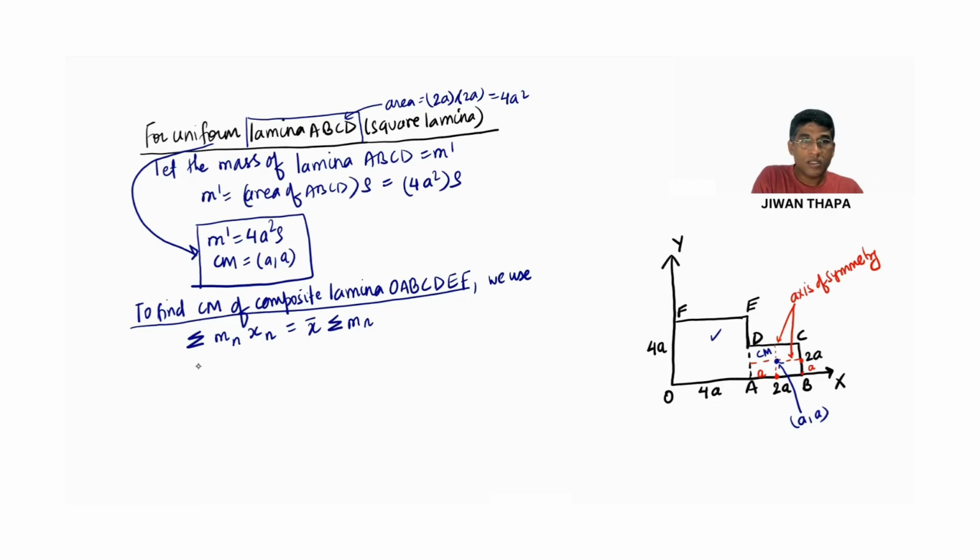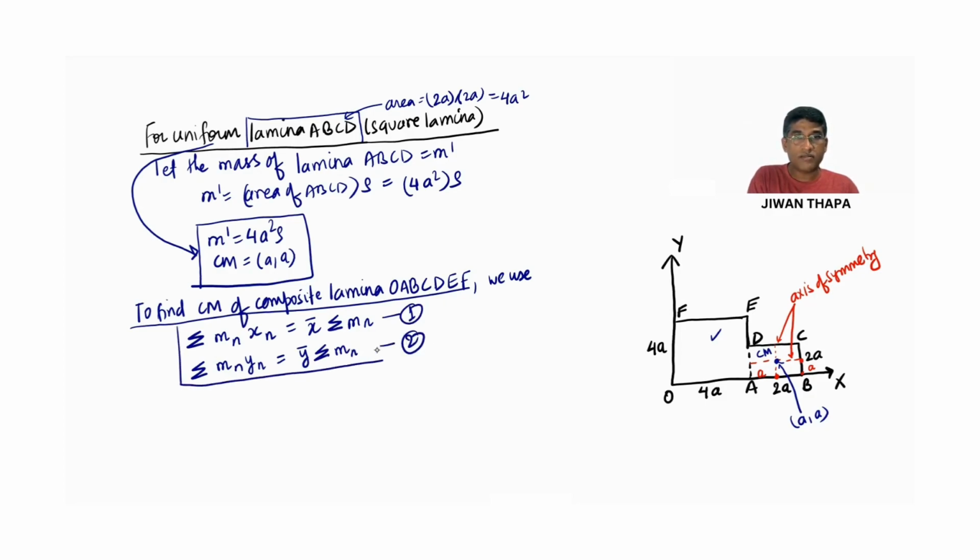So for the y coordinate, or for the y axis, we have y bar, the y coordinate of center of mass of composite lamina, times summation mn. Let's call it equation 1, and this is equation 2.